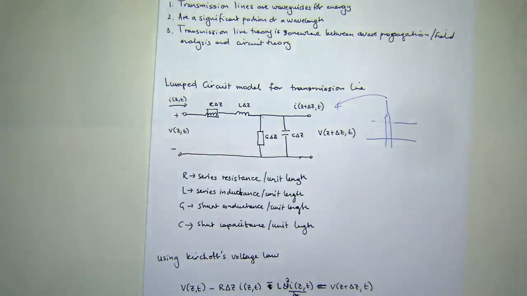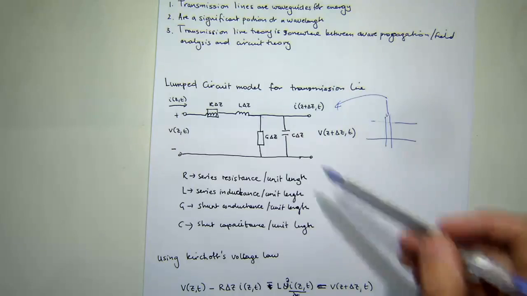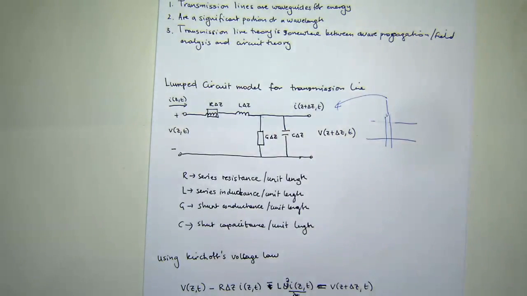Suppose I had a piece of coax, right? So we're talking about transmission lines, and we know a piece of coax is a transmission line, right? And what I'm saying to you is I've written this equivalent lumped circuit model, and you've probably seen it in the past, and your lecturers have just put it up there and said, hey, this is the equivalent model.